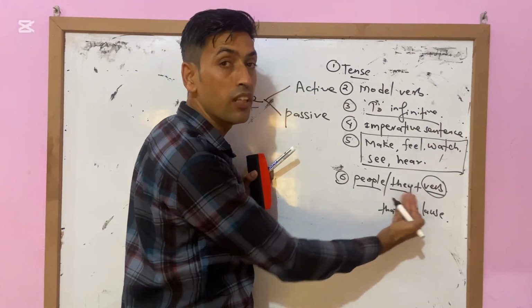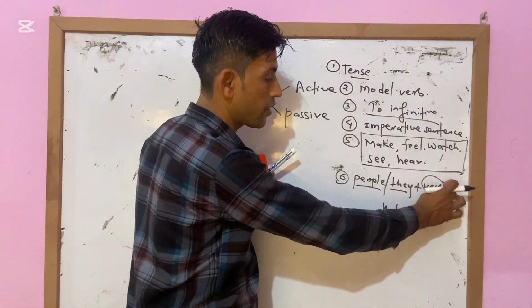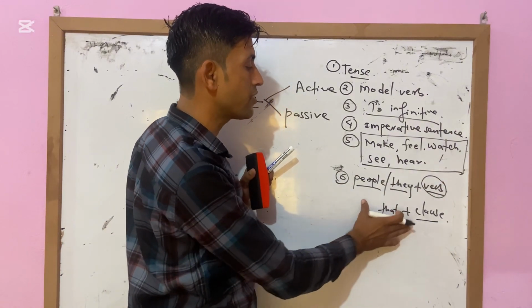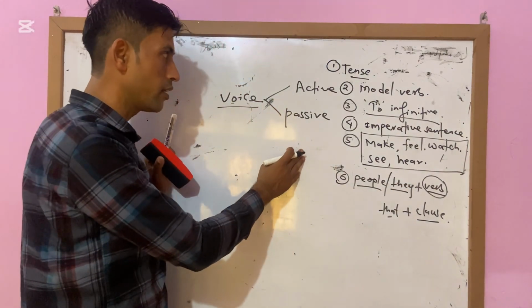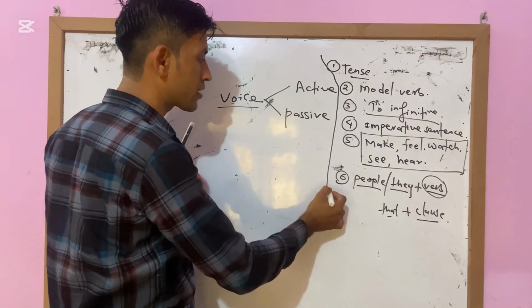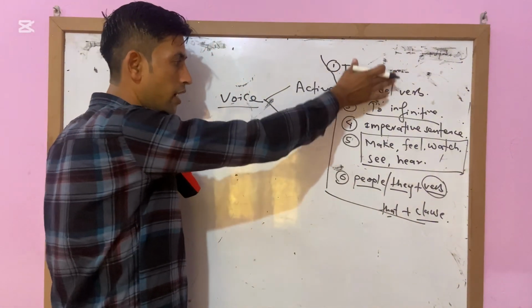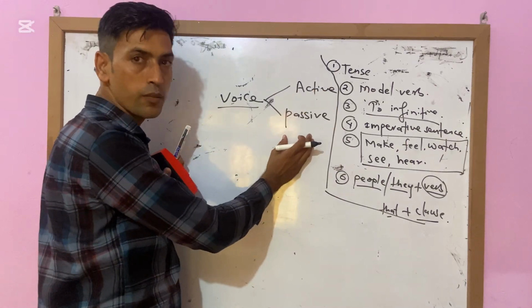People say, believe, know, advise, then a clause is given. How can we change these sentences into the passive? We study it. These are the items which we can change from active voice to passive voice.